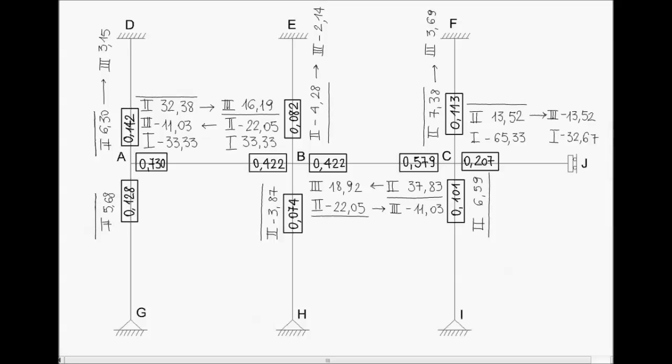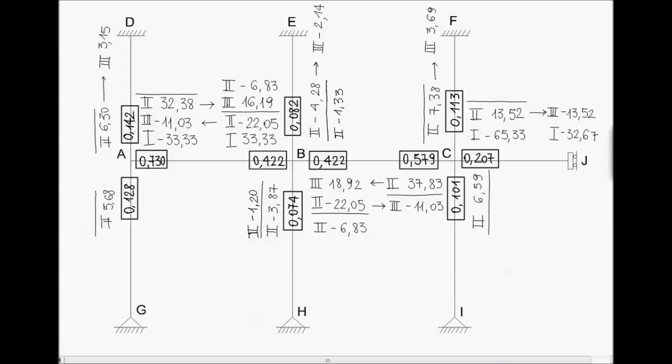So we have to distribute this unbalanced bending moment, obtaining these second moments. Then we have these third bending moments. We have balanced node B.